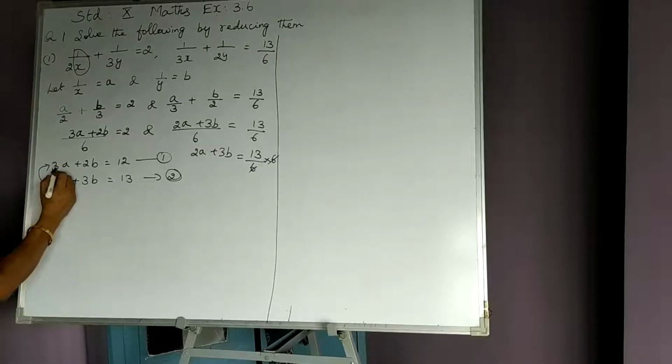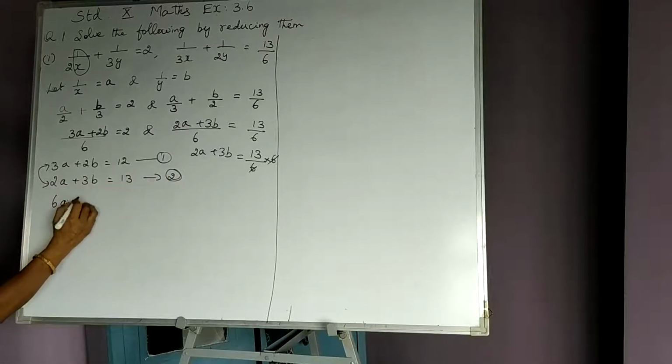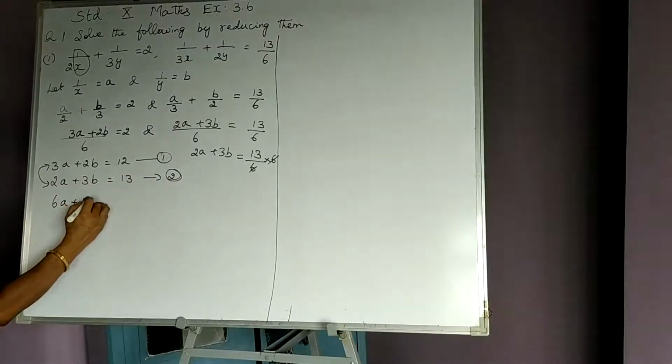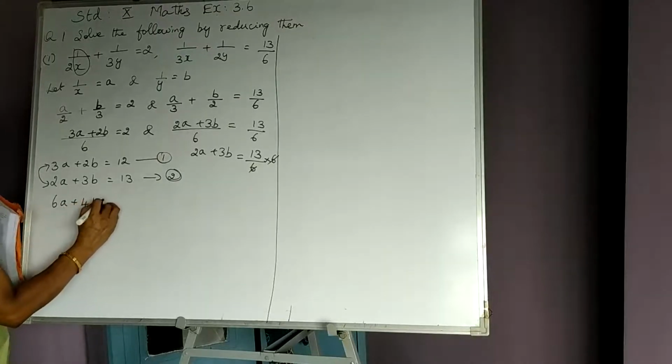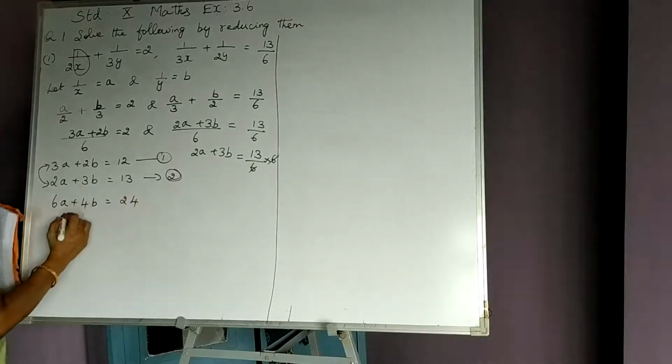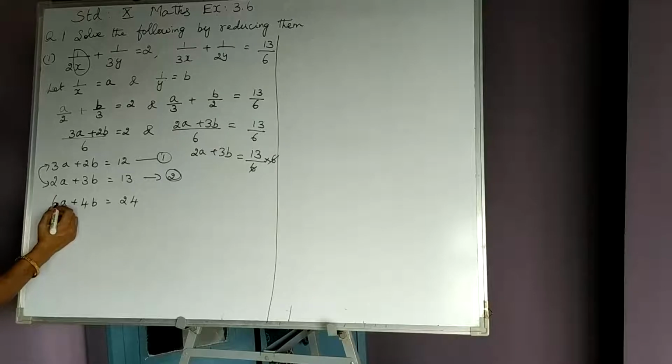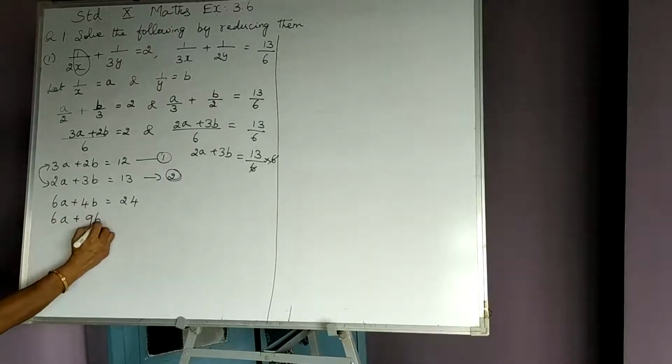So multiplying all the terms of the first equation by 2, we get 6a plus 4b is equal to 24. And here multiplying by 3, we get 6a plus 9b equal to 39.